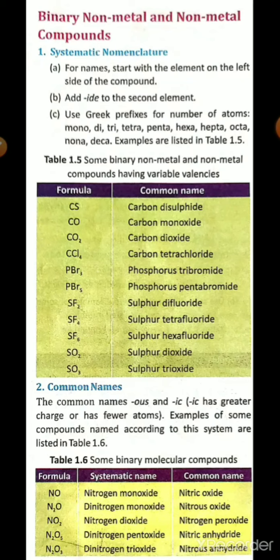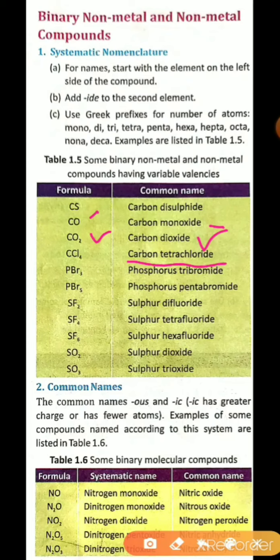First one, CS2, the common name is carbon disulfide. Then CO, carbon monoxide. Then CO2, carbon dioxide. Then CCl4, carbon tetrachloride.